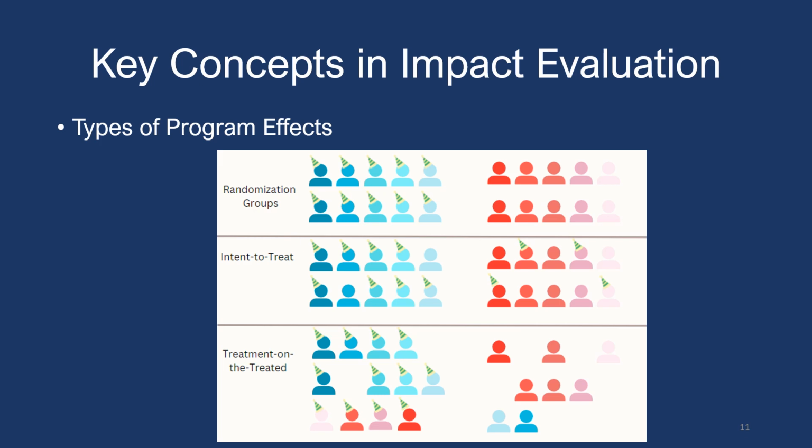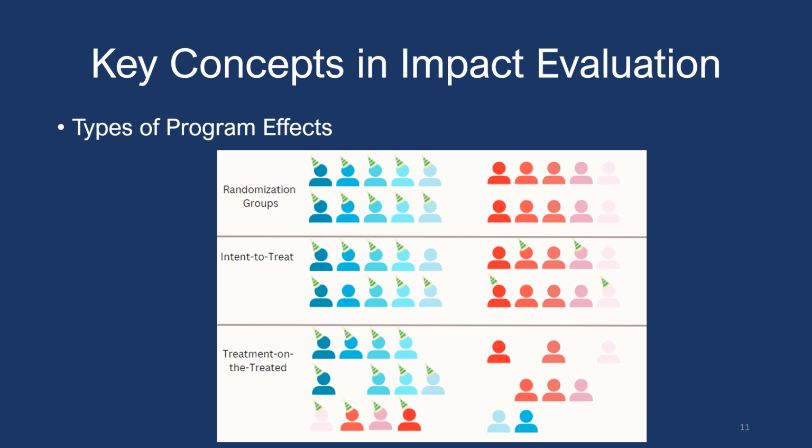Another key area for impact evaluations is what happens when our groups don't stay pure, when they don't stay the way that we originally designed them and where we assigned our units. As most of us have come to know, an ideal evaluation would present very clean-cut groups, those who participated in the intervention and those who didn't.